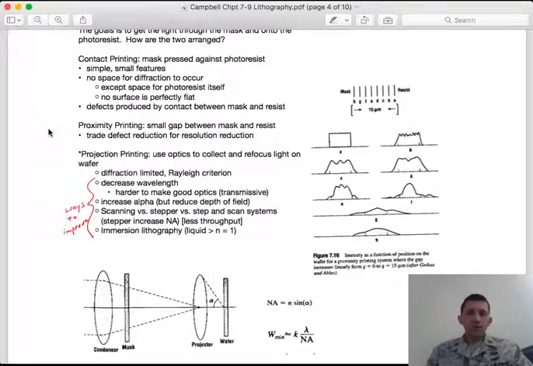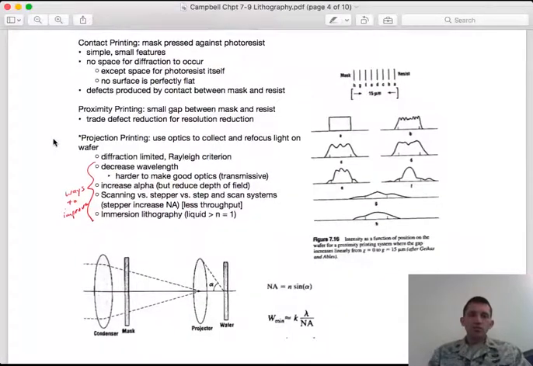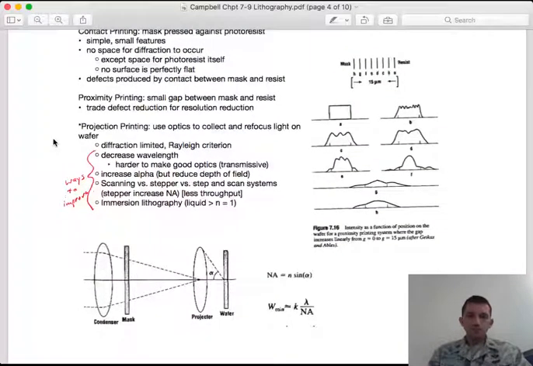You'd like to have both reduced diffraction and reduced defects. And so the third way is an attempt to do that, and that's called projection printing.